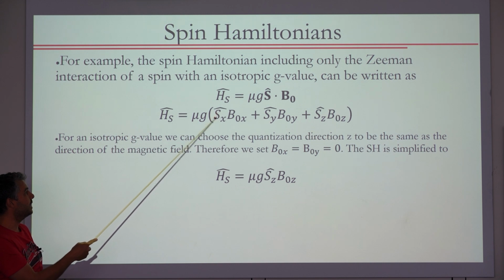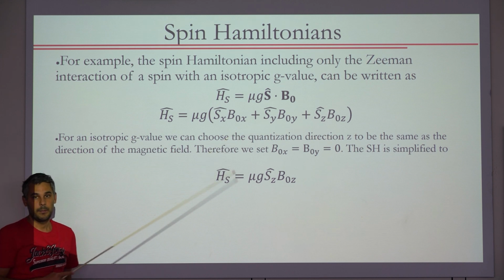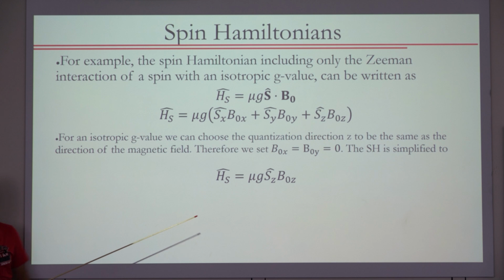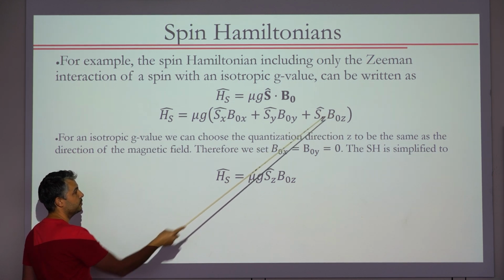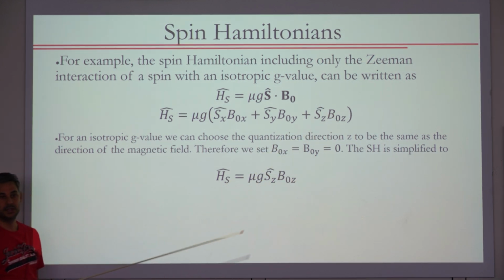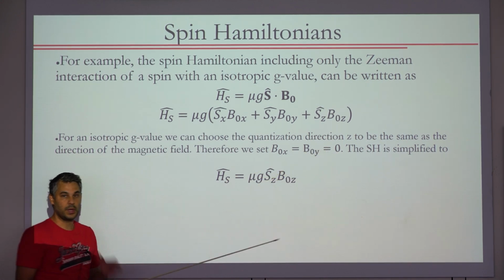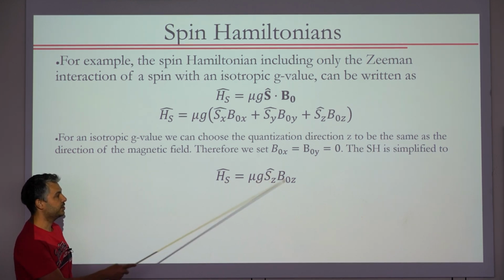So this would be the Sx operator times B0x, etc. But if we only have an isotropic spin, the g value can come outside of this sum, then we can always choose a coordinate system in which our Z axis, the Z spin, corresponds to the same direction as the magnetic field. So that's the same as setting B0x and B0y to 0. We are just changing our coordinate system, so we only get this term, which is non-zero.